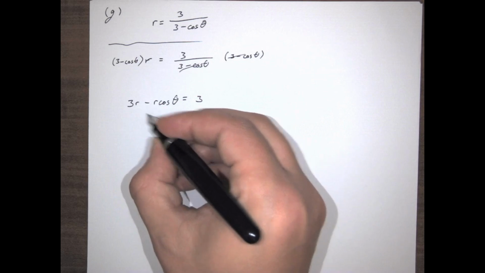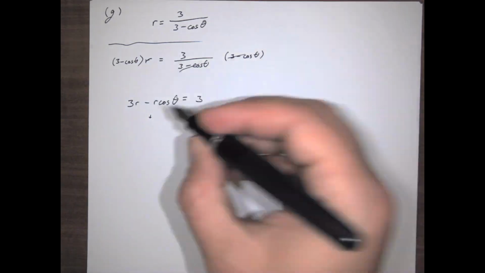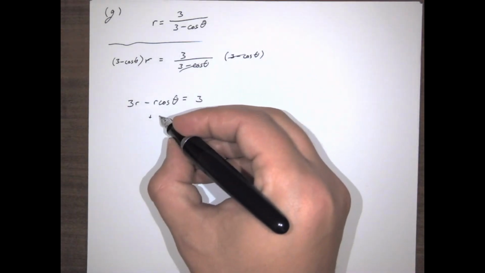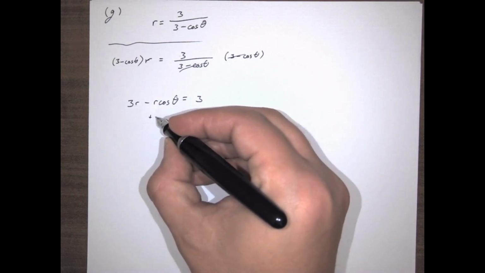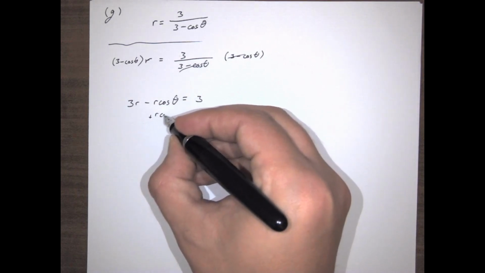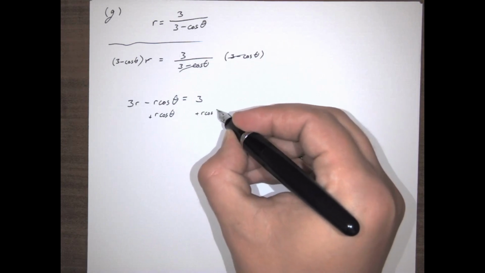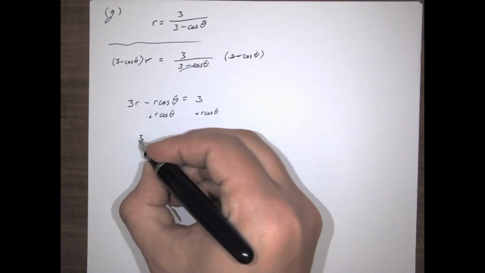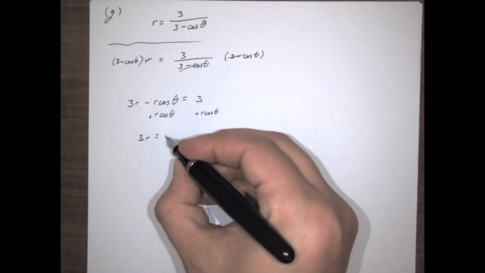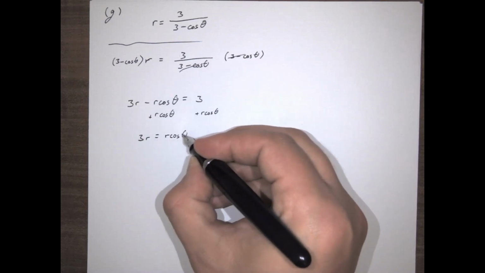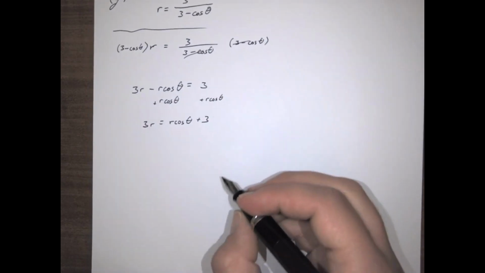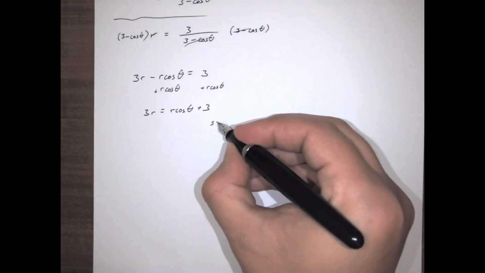So what I'm going to do is I'm going to isolate the r, or at least the 3r, and I'm going to square both sides. I'm going to add r cosine theta to both sides. That gives us 3r equals r cosine theta plus 3. And now I'll square both sides.